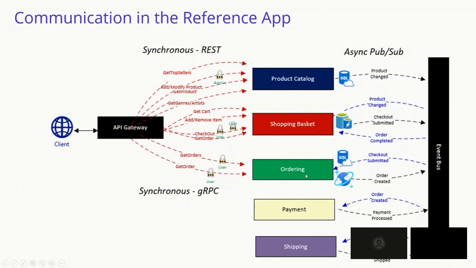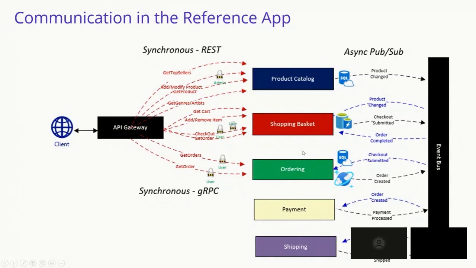Then when the order is done, the ordering service publishes an order created event, and the shopping basket service subscribes to the order created event, and at that point, it can basically clean up the shopping basket. What we're currently building out is a transaction. You're going to see we're going to do the payment and shipping eventually as well. I'll talk about that in a little bit.